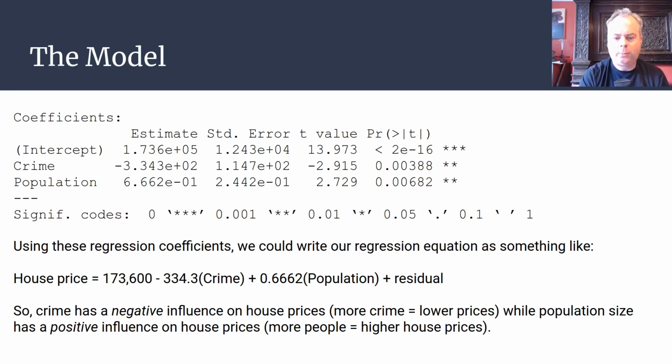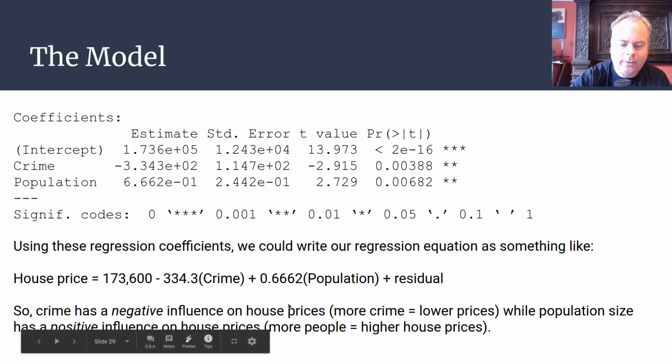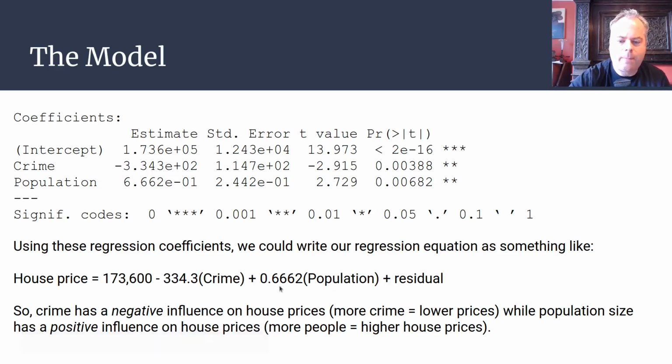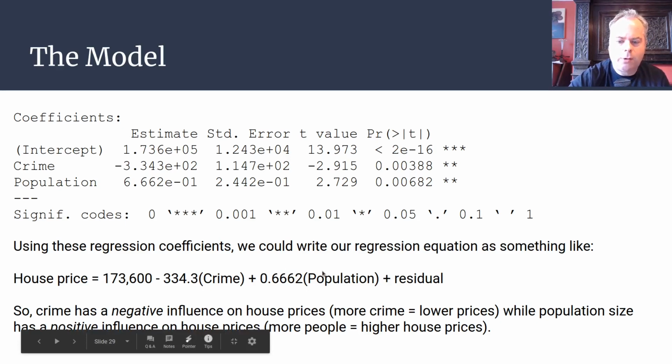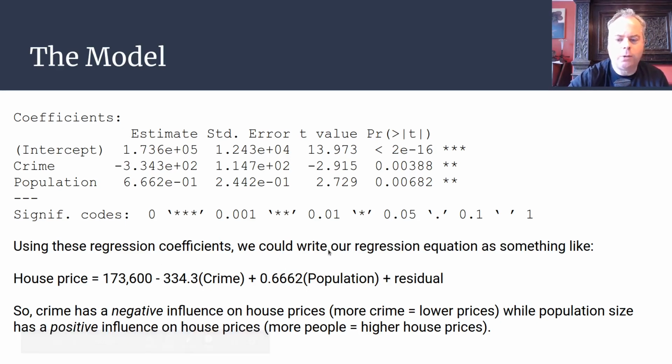We can conclude on the basis of this regression equation that crime has a negative influence on house prices, because as our crime value goes up, this number will get bigger, so more will be knocked off our house price. While population size has a positive influence on house prices, because as population goes up, this product will go up, and house prices will go up.